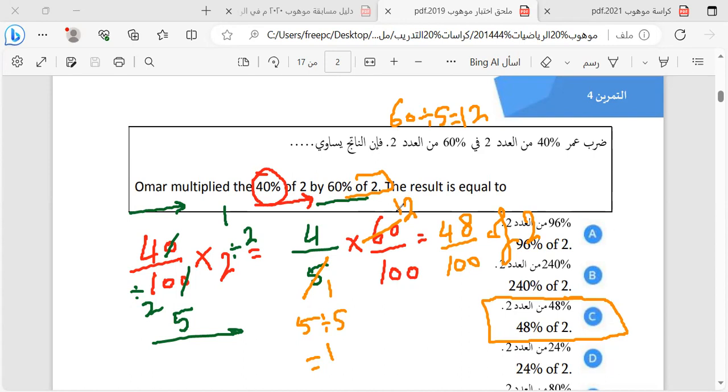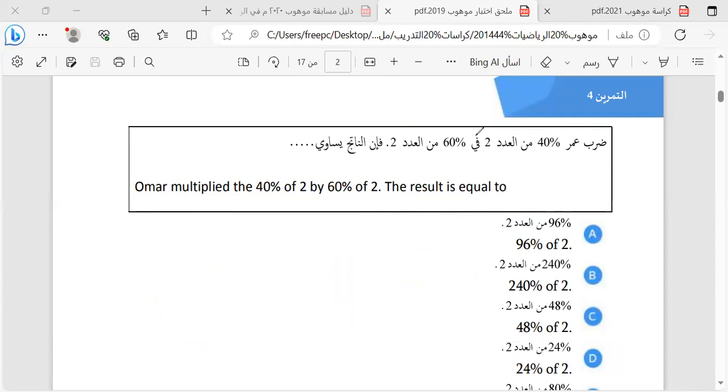If you simplify, you find a common factor, then you divide by the same number. If you divide by 5, the next number is also divided by 5. Is it clear?